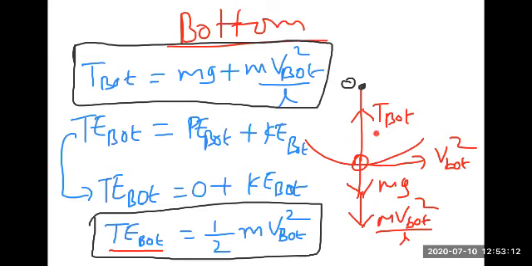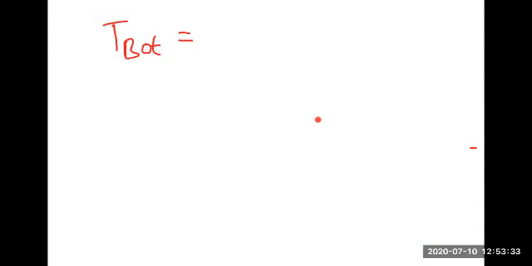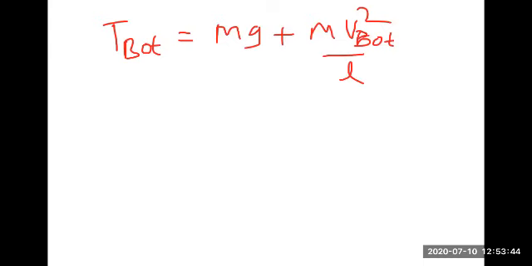So tension at bottom is equal to mg plus m v bottom square by L. Just now we derived the v bottom value, and it is root 5 gL.